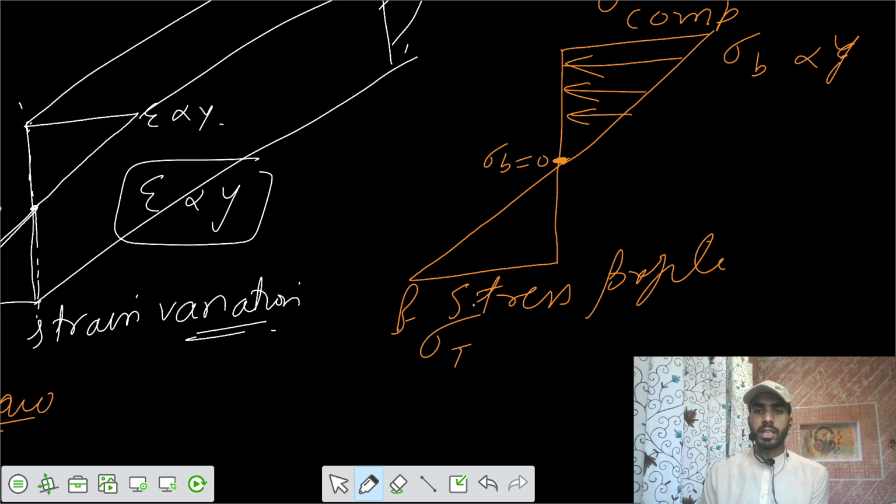You can say it's sigma tensile bending and sigma compression bending. We can show the tensile stress away from the fiber, so we can show it in this way.